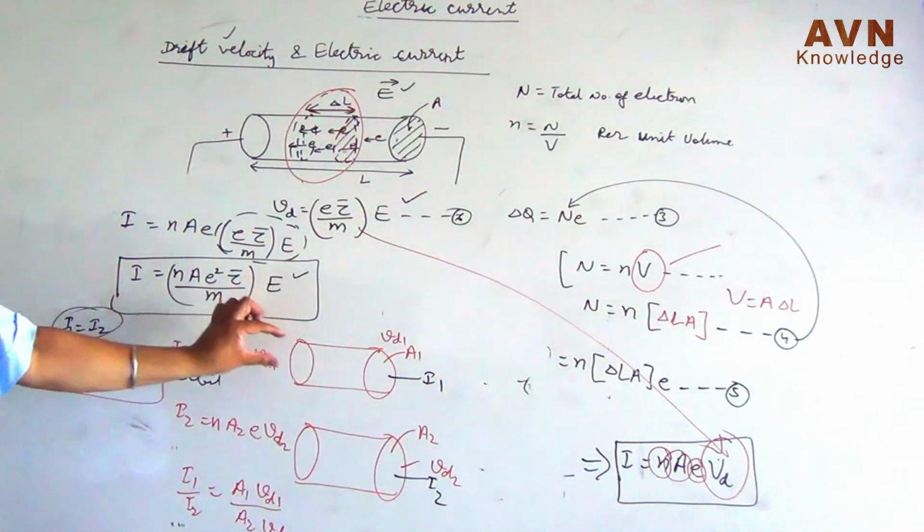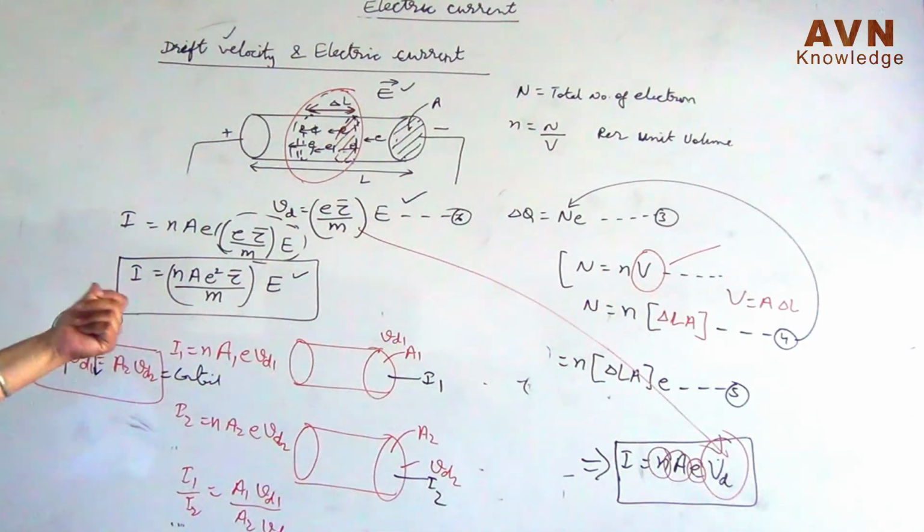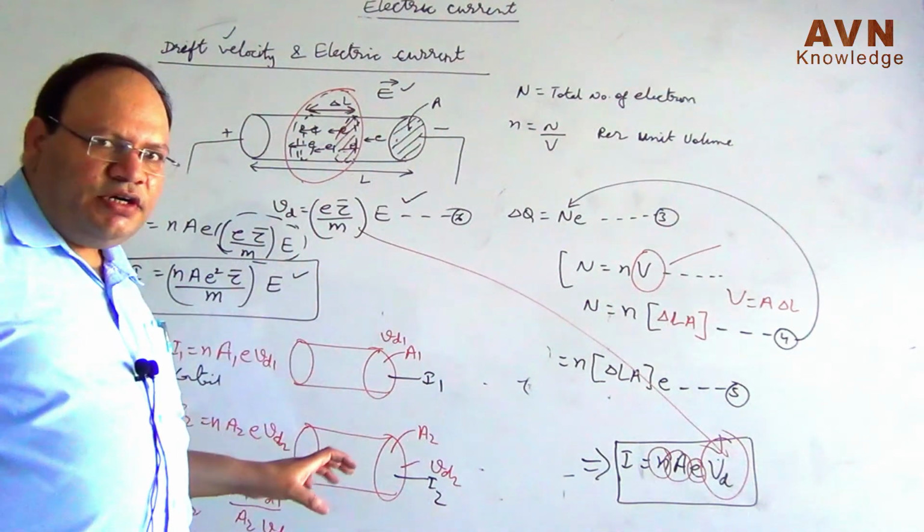When you decrease the cross section area, drift velocity is increased. In which condition? The condition is that the current is constant.